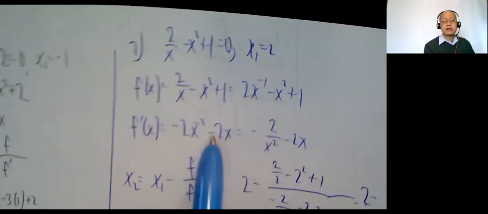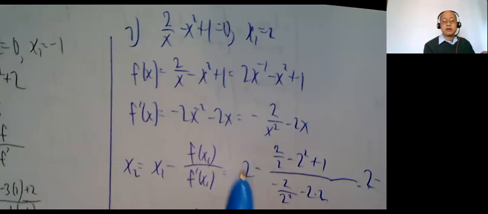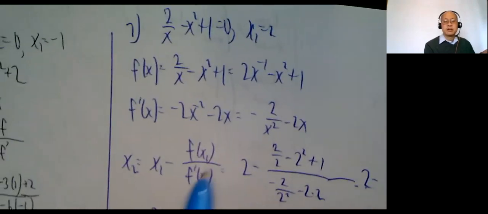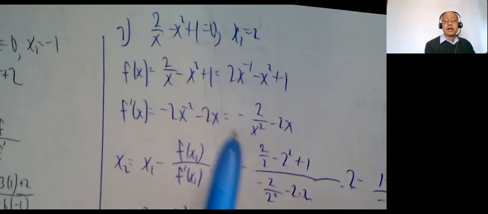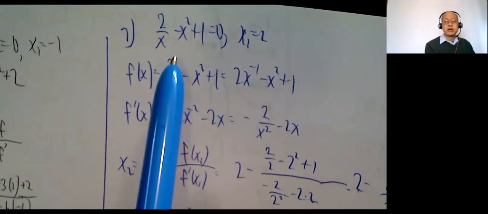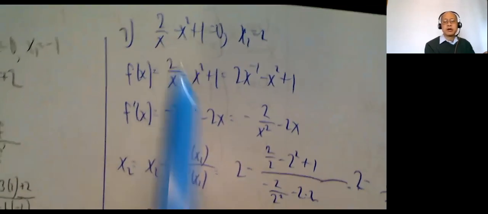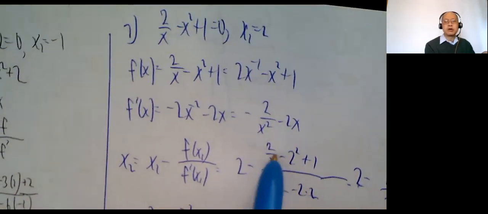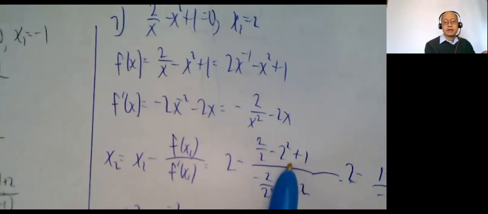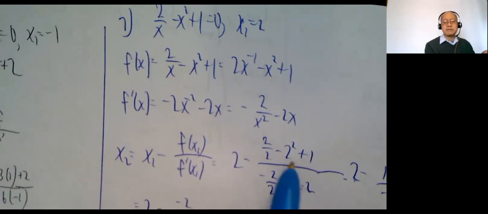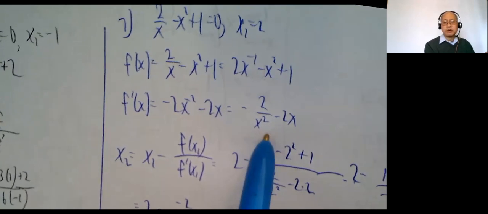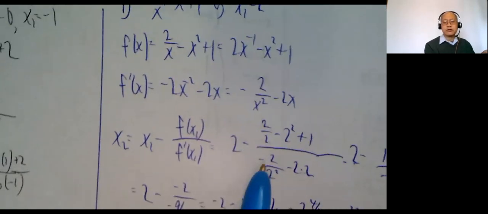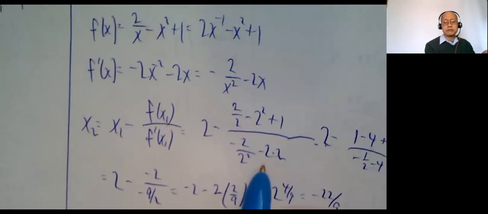They told me to guess 2. So x2 is x1, 2, minus. Now I plug in 2 to the original function: 2 over 2 minus 2 squared plus 1. It's pretty clumsy, but it's doable. Then I plug in 2 to the derivative: negative 2 over 2 squared minus 2 times 2.